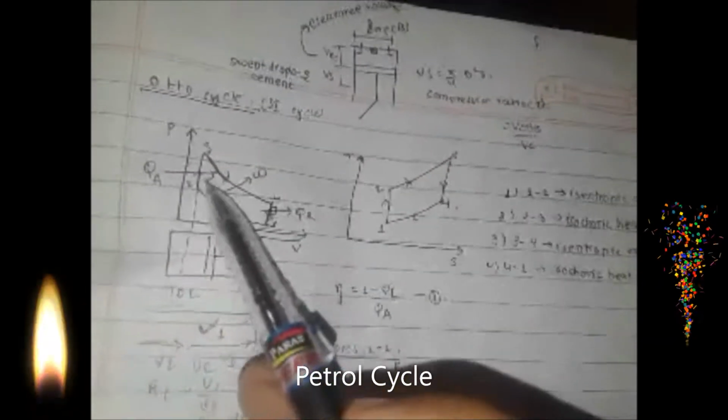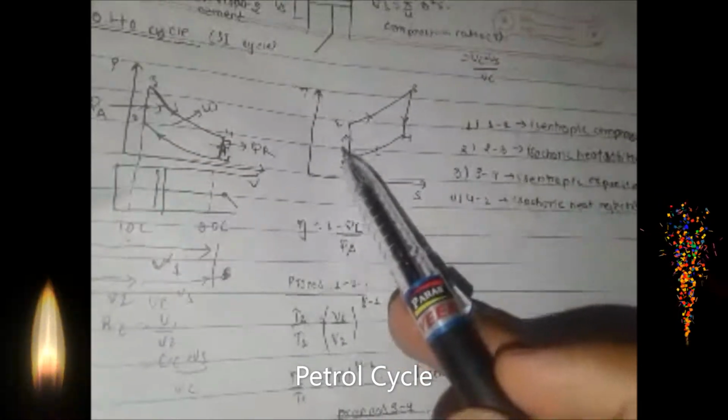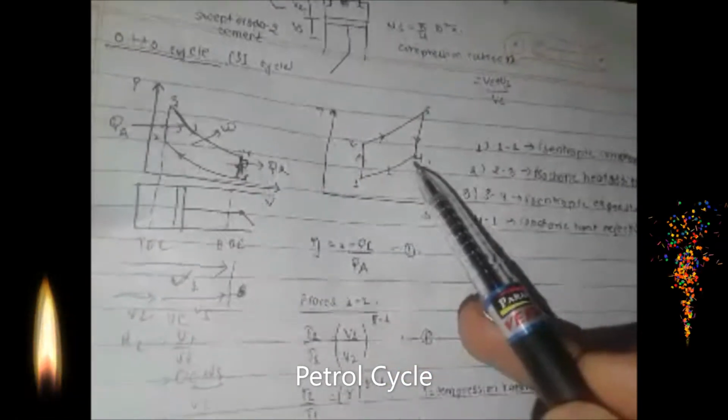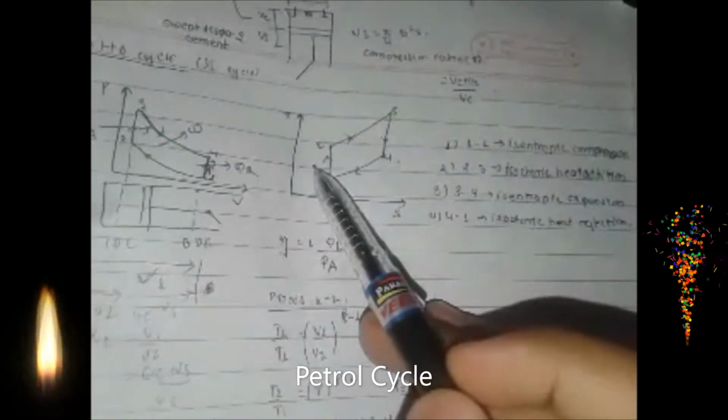Here work is done, and from here work is input and heat is added in process 2 to 3. Process 2 to 3 is heat addition, 4 to 1 is heat rejection, QR. In the TS diagram, 1 to 2 and 3 to 4 are isentropic, that means adiabatic, so entropy is constant.